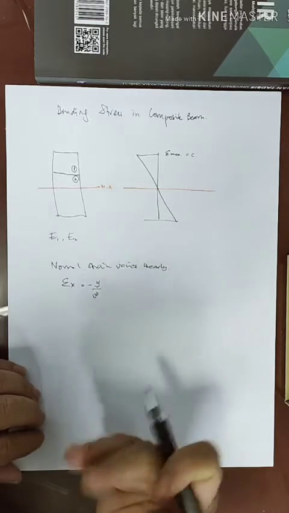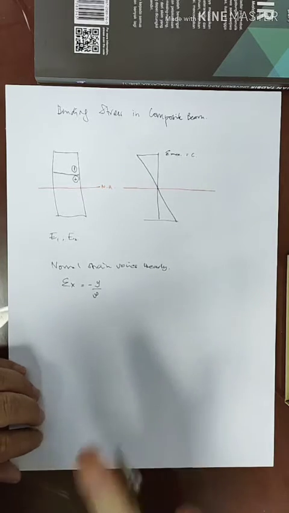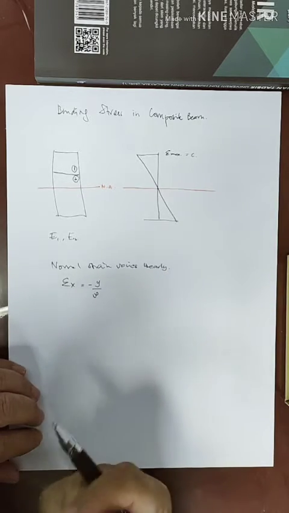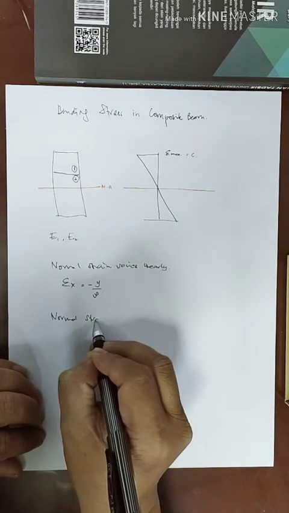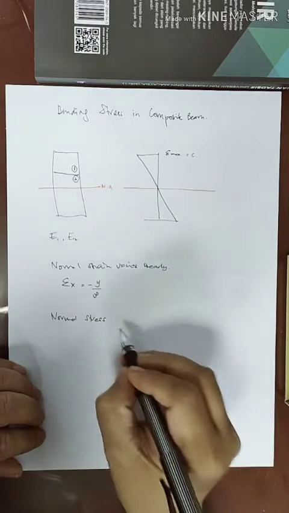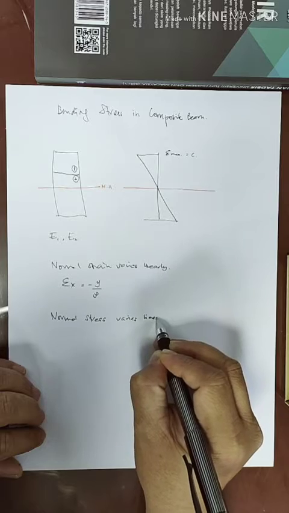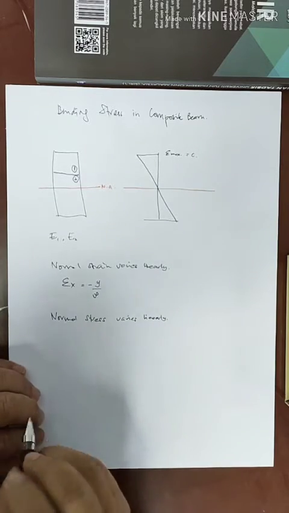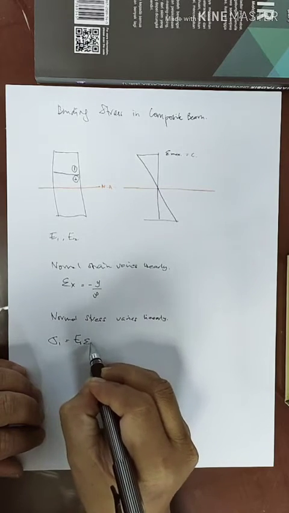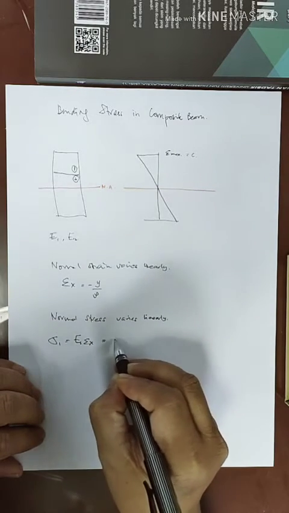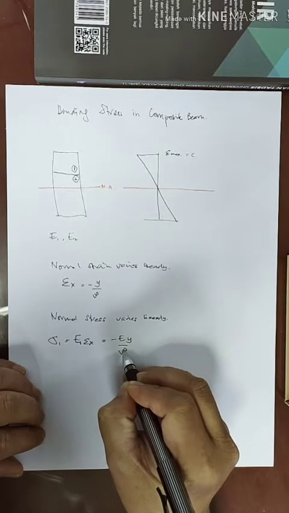When we talk about normal strain, it leads to the normal stress, which should also vary linearly. So sigma x equals E times strain x, equal to negative E y over rho.